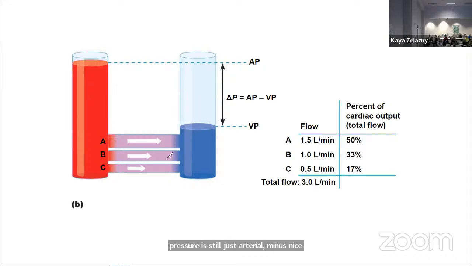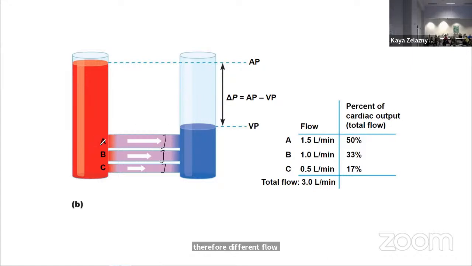What's varying here should not be surprising, given how we've set it up. We have variation in how wide these tubes are, so in the radius of each of these tubes, A, B, and C, which we're ultimately going to think about as our organs, A, B, and C. So this means that we have different resistance and therefore different flow.